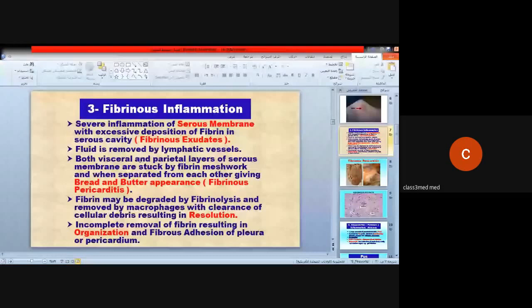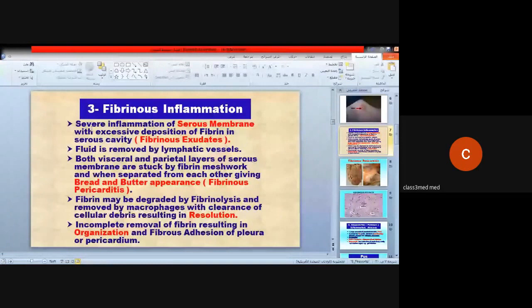We come to the third type of acute inflammation, fibrinous inflammation. Fibrinous inflammation is a severe inflammation of serous membrane. Serous inflammation is also an inflammation of the serous membrane, but serous inflammation is a mild inflammation, while fibrinous inflammation is severe.